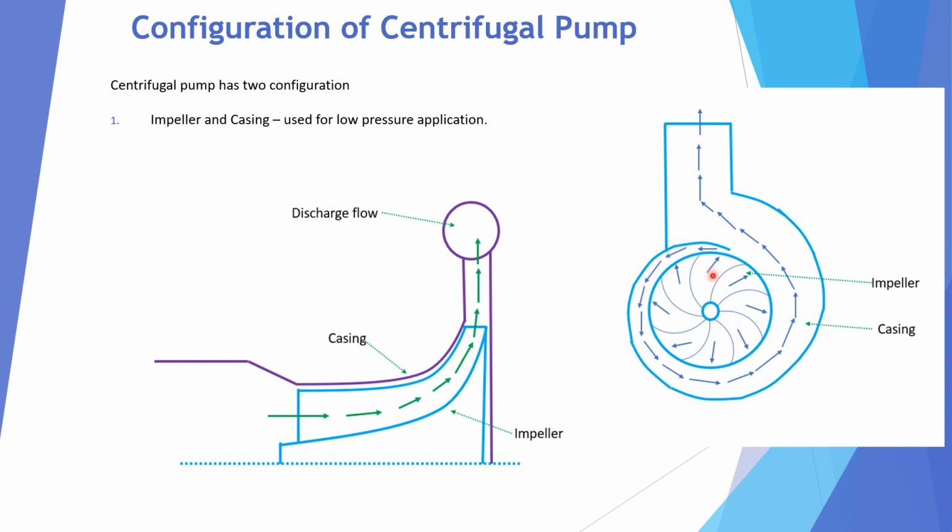If you see the profile of the impeller between the blades, you see the area is increasing. So when fluid passes through the impeller, there is a reduction in velocity. Diffusion occurs. Second, if you see the shape of the casing, it is a spiral, so increasing area, because the fluid is coming from all directions.